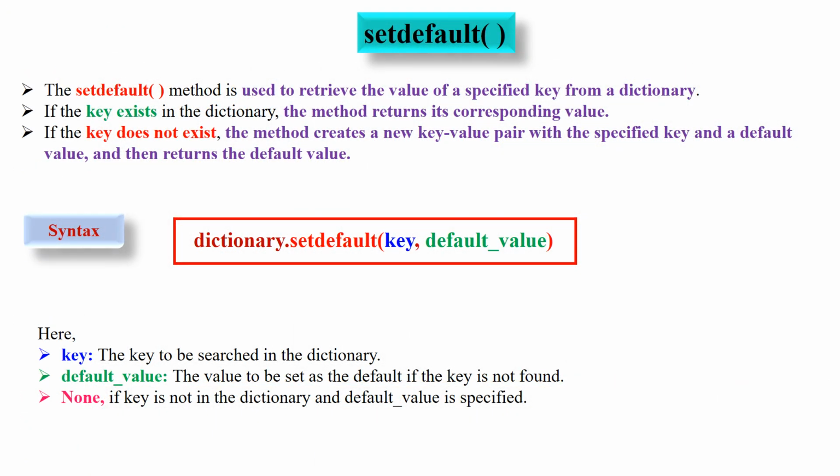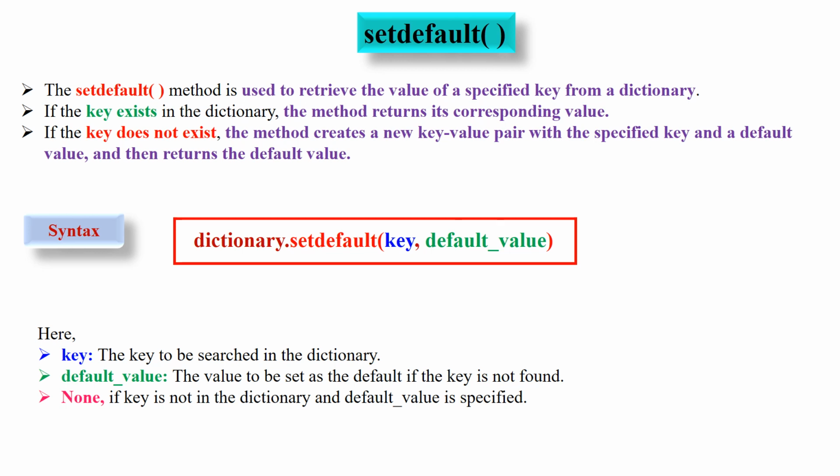The setdefault method is used to retrieve the value of a specified key from a dictionary. If the key exists in the dictionary, the method returns its corresponding value. If the key does not exist, the method creates a new key-value pair with the specified key and a default value, and then returns the default value.